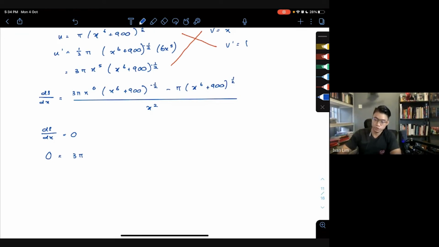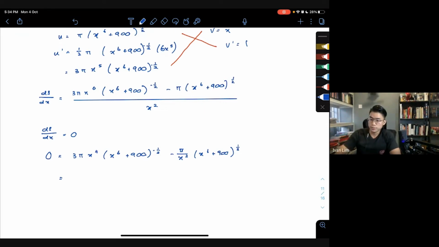Let's just follow this. 3 pi x to the power of 4, x to the power of 6 plus 900 to the negative 1 over 2, minus pi over x squared, x to the power 6 plus 900. Okay, I honestly think my working is a bit long. I didn't check back again, but if you use something shorter, it's totally fine.